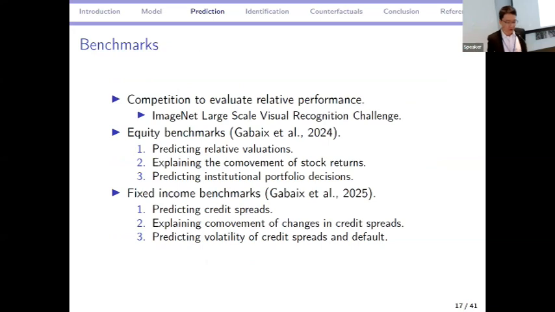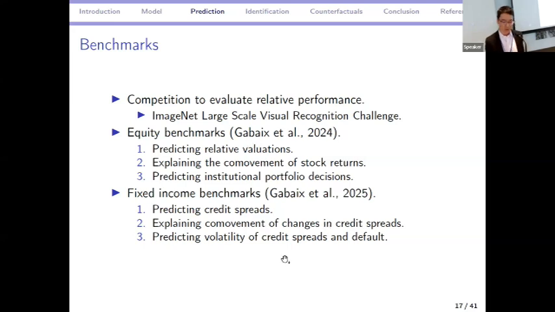So once we recover these asset embeddings, we want to be able to say our model predicts better than alternatives, right? So an obvious benchmark is: do embeddings explain the cross-section of credit spreads or the cross-section of market-to-book ratios or valuations better than alternatives like credit ratings or observed equity characteristics? Okay, so we established clear benchmarks for success in both papers.